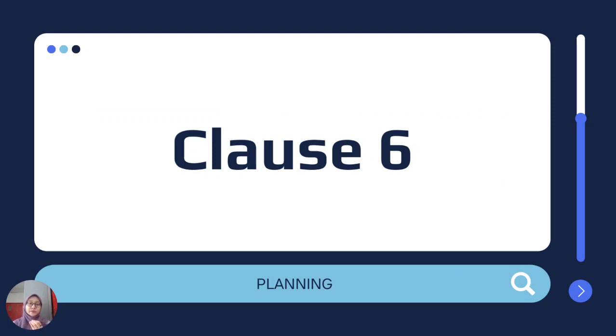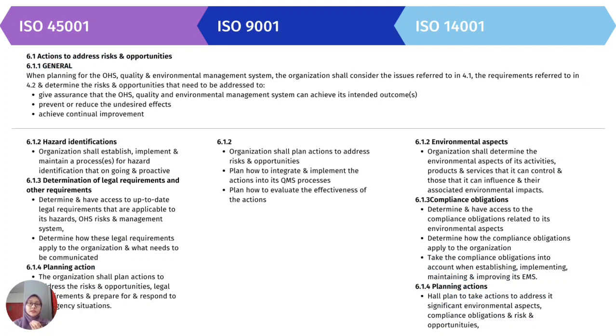So let's move on to clause 6, which is planning. These three management systems have the same context for clause 6.1.1, which is the general requirements.